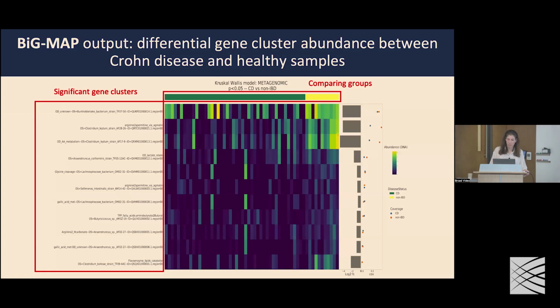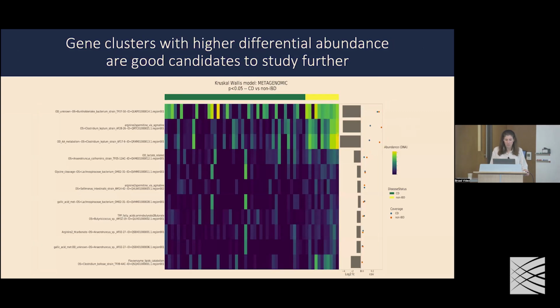In this case, green is for Crohn's disease and yellow for healthy samples. And here we have bars indicating the log fold changes that were found between the two comparing groups. And then here we have the coverage values of the gene cluster. So the higher the number, the better covered the gene cluster is by reads.